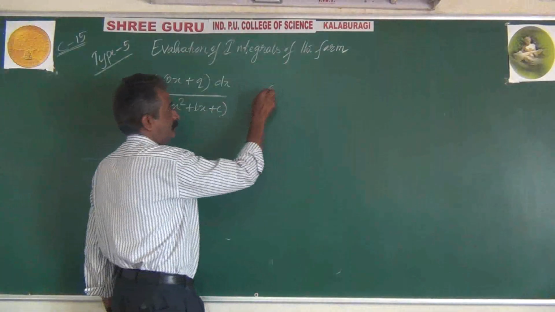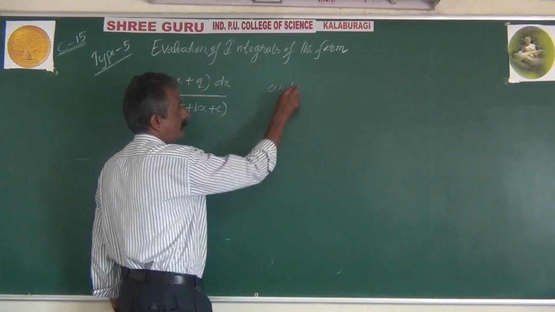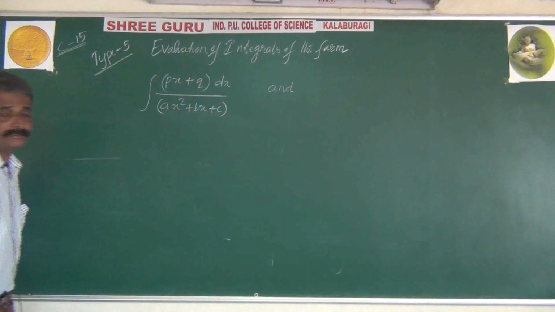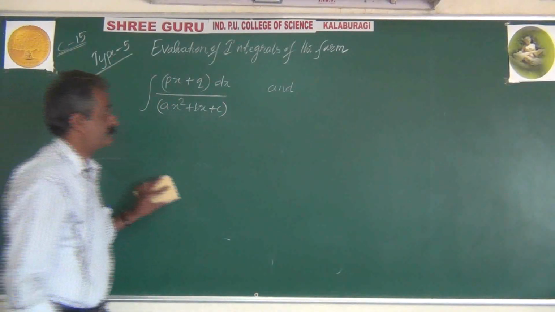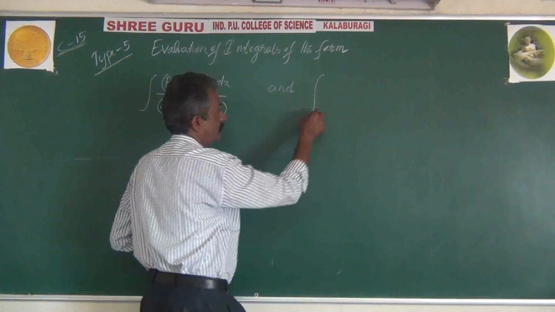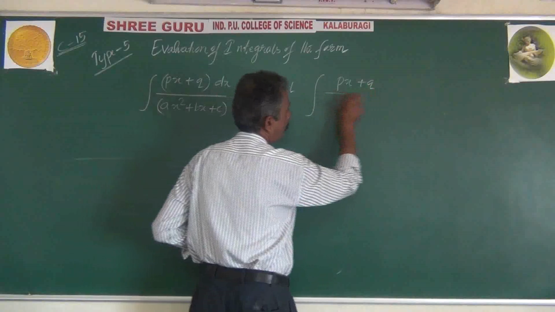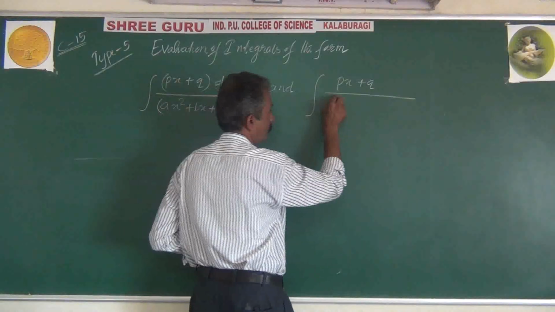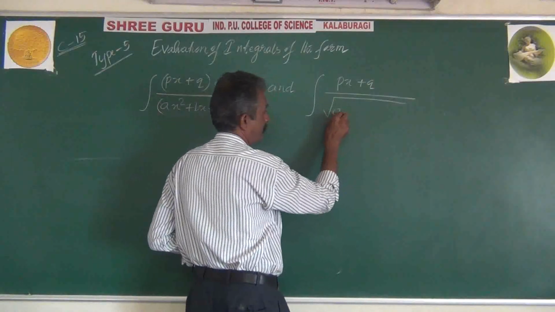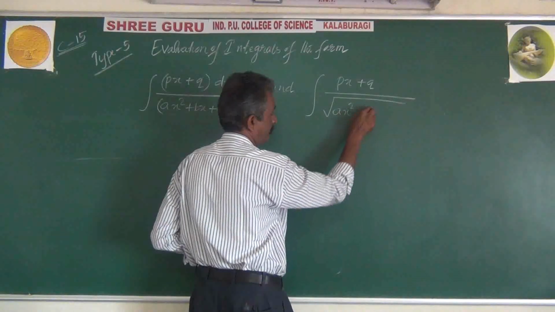For both of these two methods it is the same, only the last formula will be different. And integration of px plus q divided by square root of ax square plus bx plus c.